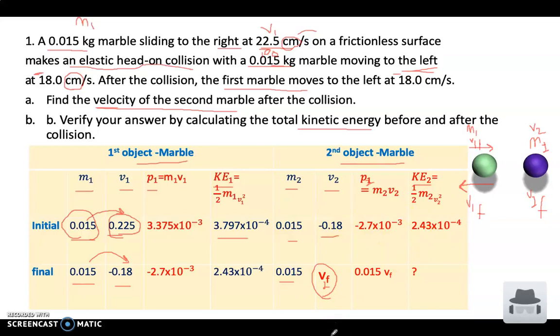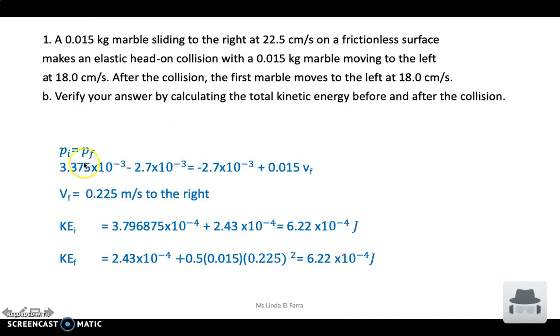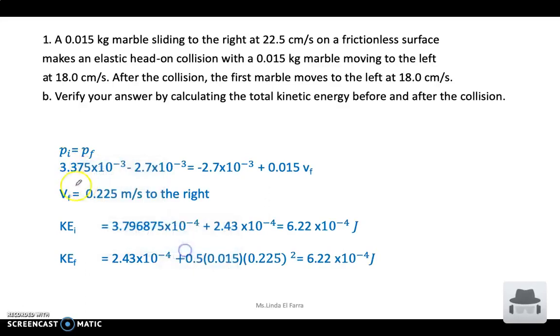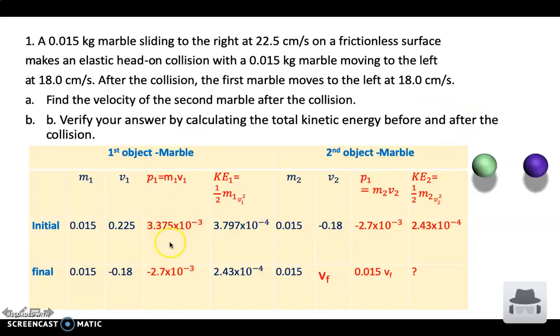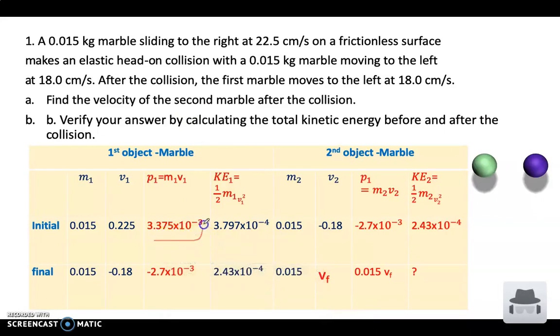Now, what is the second step after completing this table? I have to apply the conservation of momentum. So conservation of momentum: P initial equals P final. P initial is from the table. I go back to the table. What is P initial? P initial is these numbers, this initial value and this initial value.